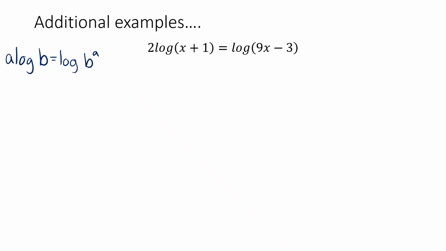I don't know why I switched my letters up there, but essentially this is the property that allows you to take a coefficient and move it into the exponent and vice versa. And so this 2 is going to migrate into becoming the exponent. And now I'm going to set the two arguments equal.